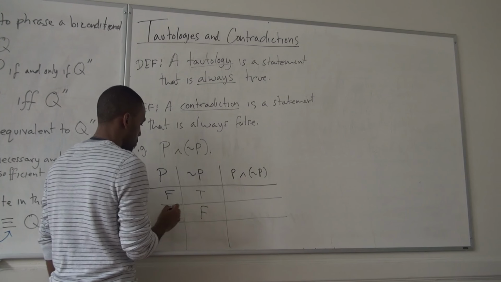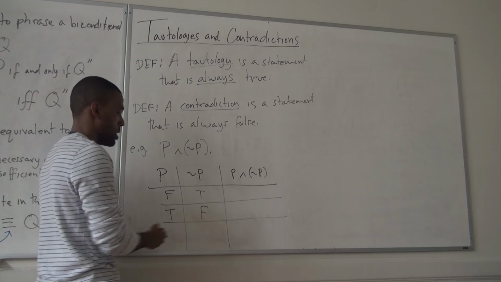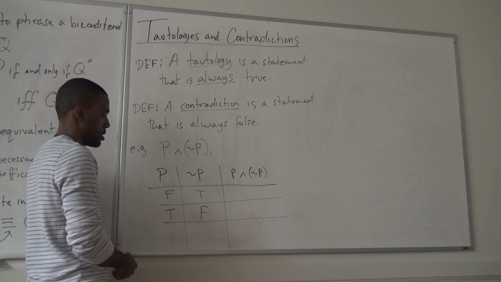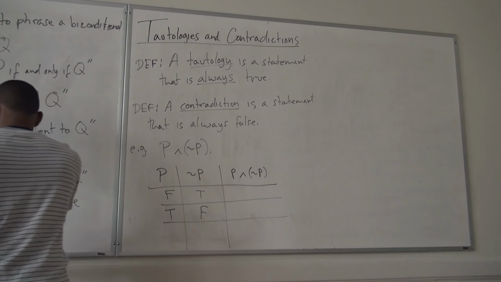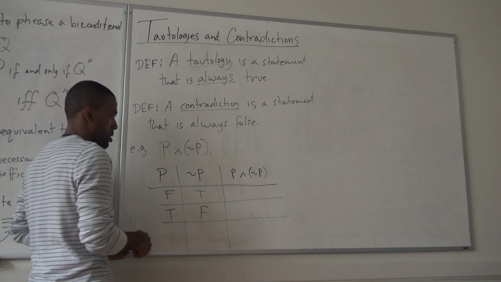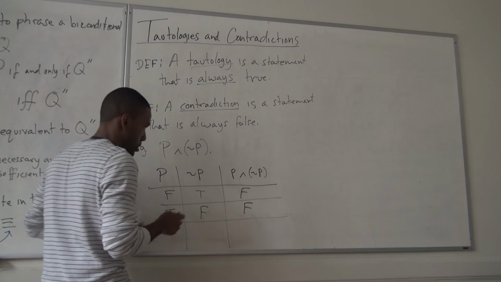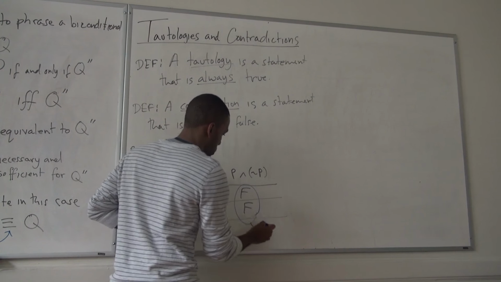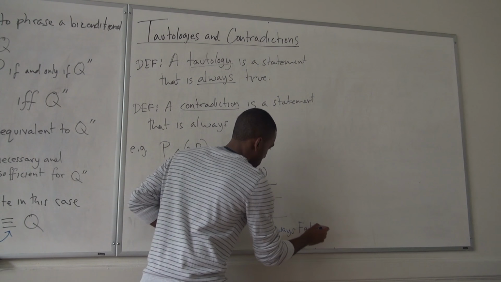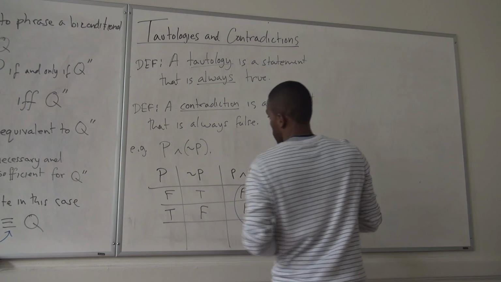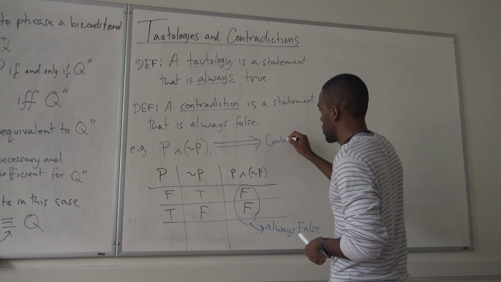This is going to be the opposite, false or true. And that's all the possible arrangements of the truth values of these. Because if you do the and, you will realize that this is always false. So that means this is a contradiction.